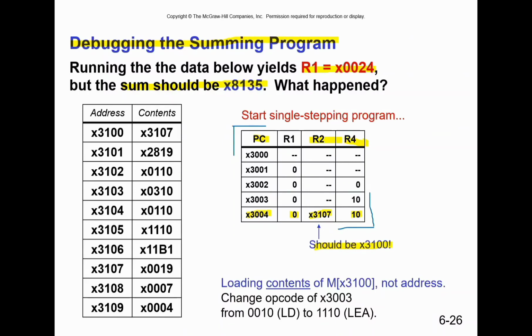This is because we are loading the content of M[x3100], not the address. So we can change the opcode of x3003 from 0010 LD to 1110 LEA. Okay, we move to the next slide.